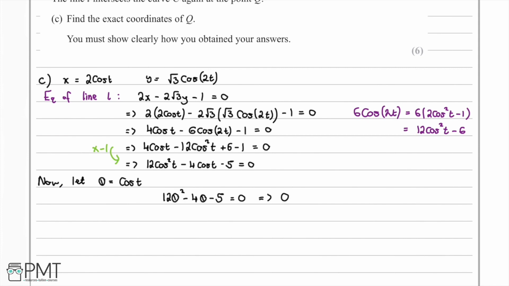So theta is going to be equal to 4 plus or minus the square root of 4 squared minus 4 lots of 12 multiplied by minus 5. We remember to square root this term here. Then we're going to divide all of that by 2 times a, and in our case a is 12, so that is 2 times 24.